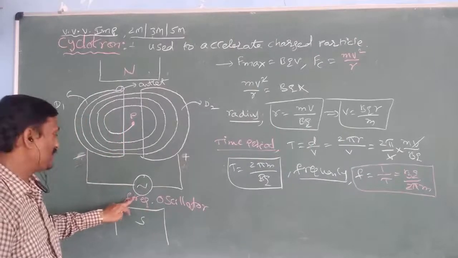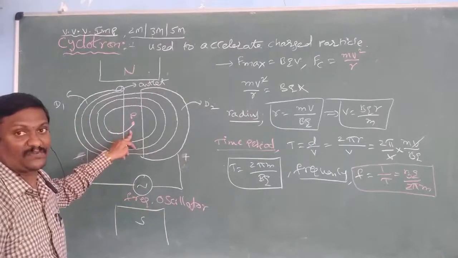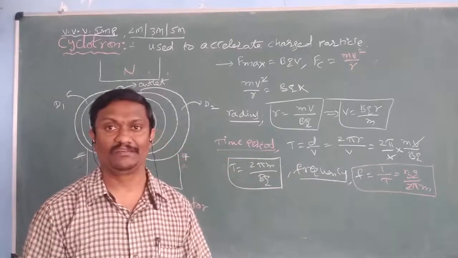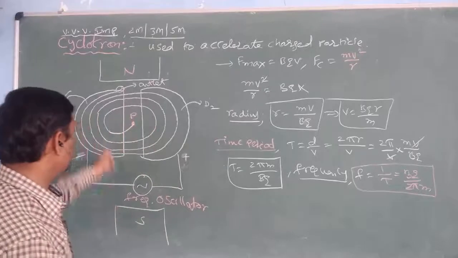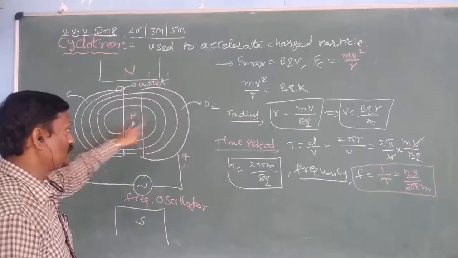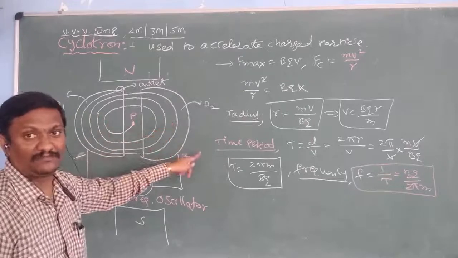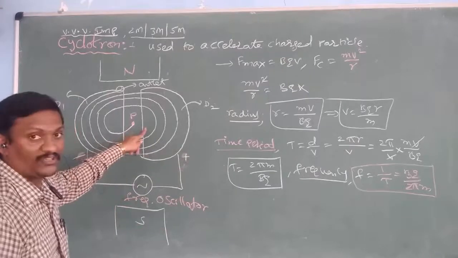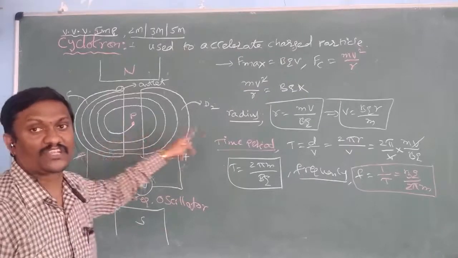When the applied frequency is balanced with the frequency of the charged particle, every time the particle lies in a positive field only. When the particle lies in D1, at this time D1 has positive polarity. When the particle enters D2, at that time D2 has positive polarity. When applied frequency and frequency of charged particle are both equal, then only this condition is satisfied.